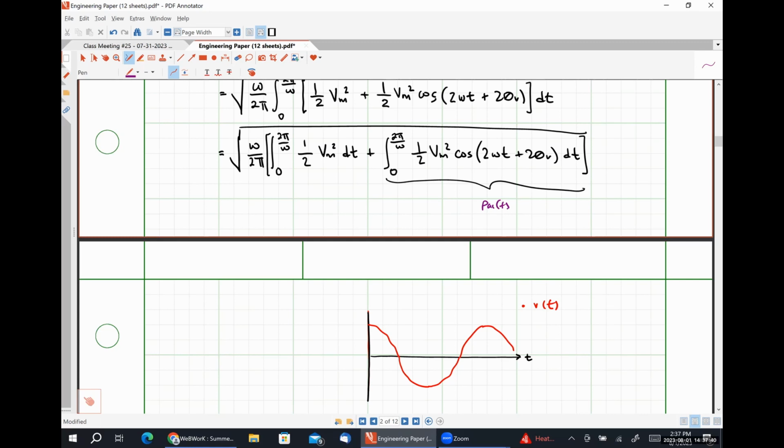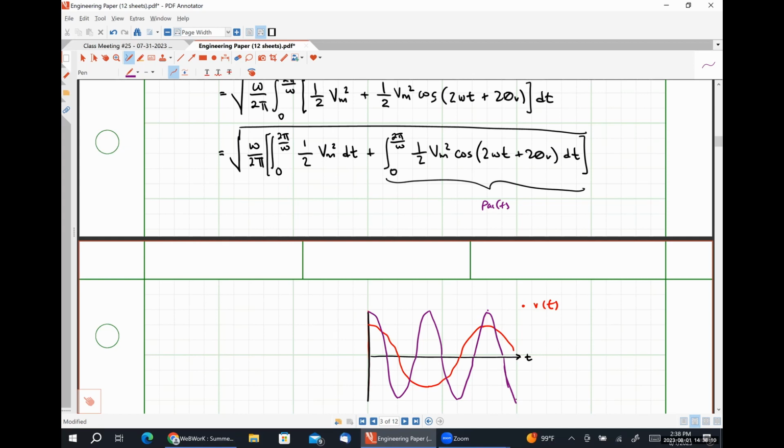It's oscillating at twice the frequency, right? So it might look something like this.